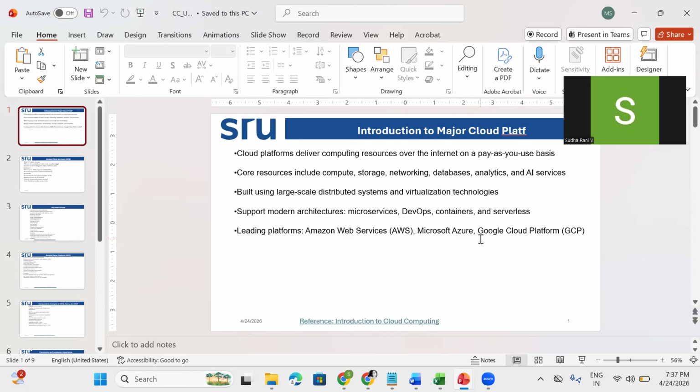But the usage differs from one platform to another, and this is not known by many people. What are the major differences between the cloud services? In my lecture, I'm going to cover what the major cloud platforms are, what their characteristics are, and how one platform is different from another.